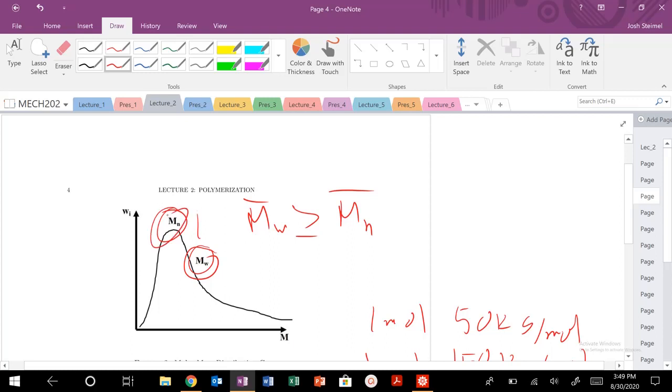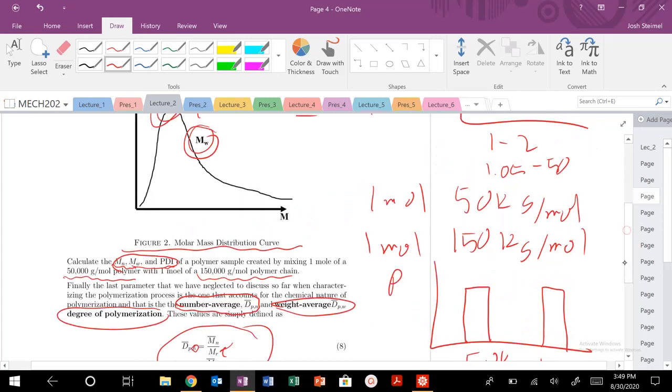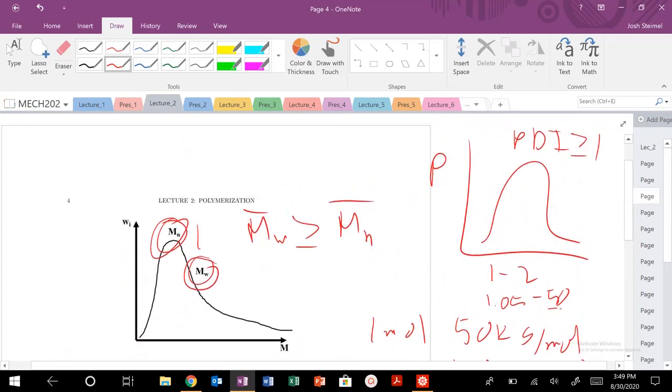We can quantify the distribution of those molecular weights by this PDI measure, polydispersity index. Again, that's always greater than or equal to 1, usually between 1 and 2 for polymer samples. But again, it could vary between 1.05 to 50 potentially. 50 is a very dispersed molecular mass. And again, why do we care about these polydispersity indexes?